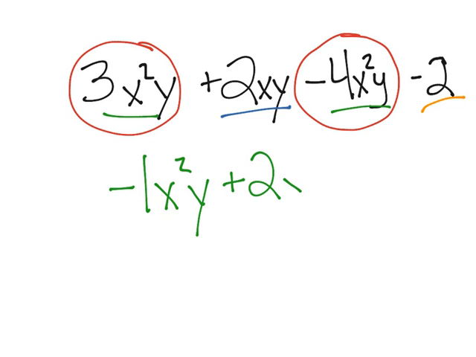We bring down our 2xy and our minus 2, and we have a final answer. Remember that the negative 1 on the x squared y doesn't have to be written down, and we could simply have negative x squared y.